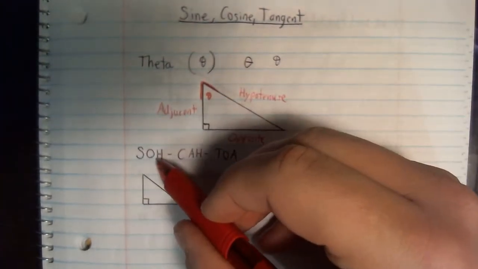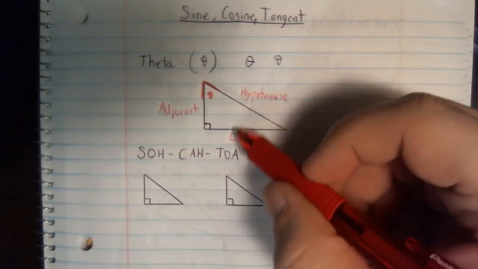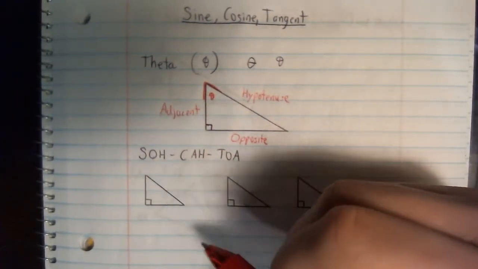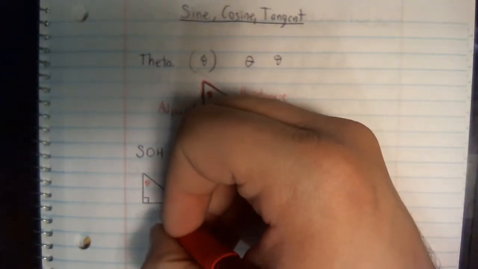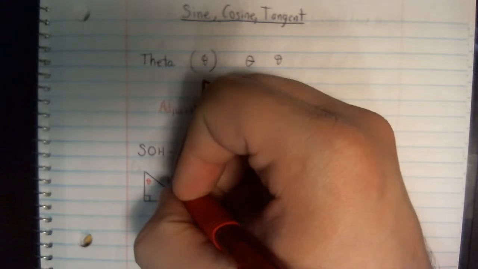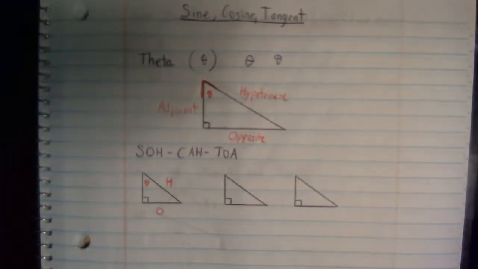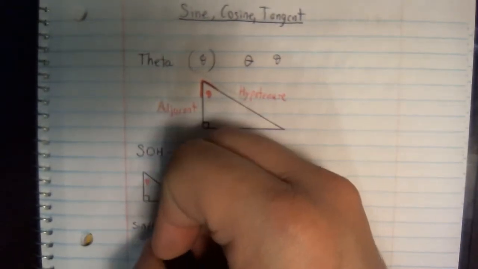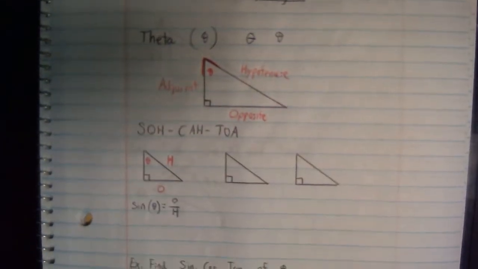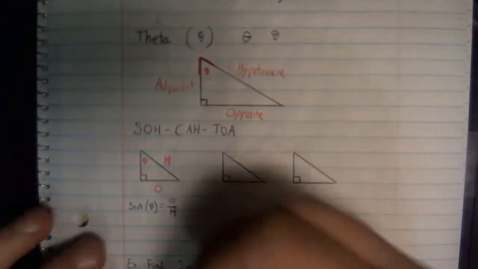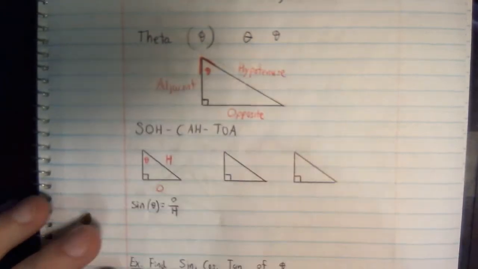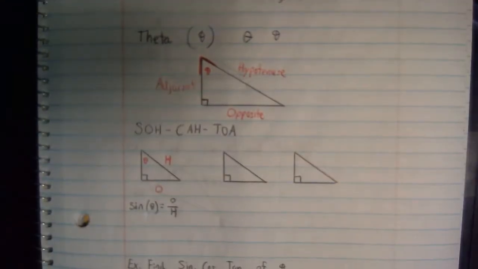That's what OH stands for, opposite over hypotenuse, and the S stands for sine. So from theta, we're talking about the opposite side and the hypotenuse. Another way that we can write this is sine of theta equals opposite over hypotenuse. That's the sine function, and that's how we're going to be using it for the most part in this class.